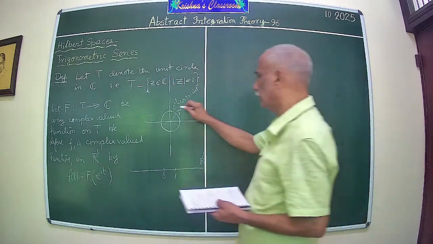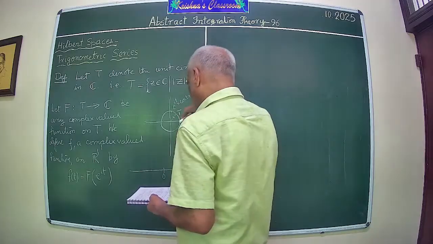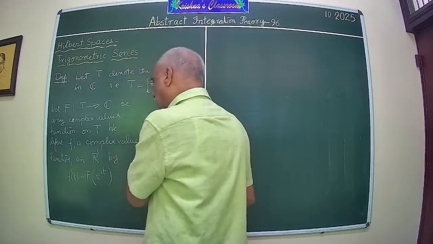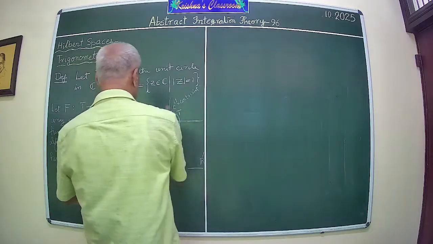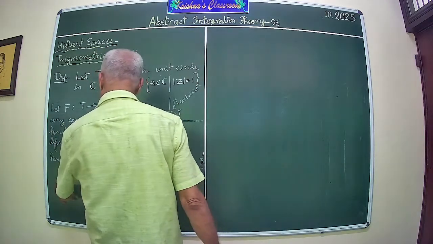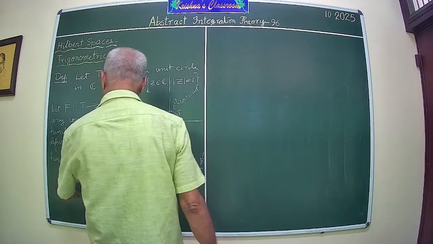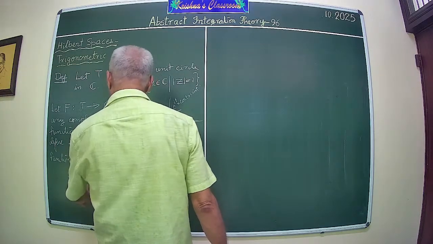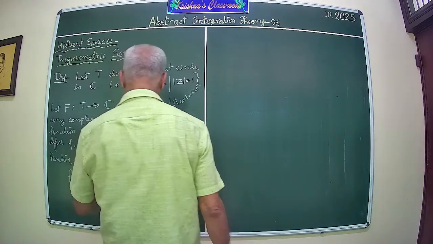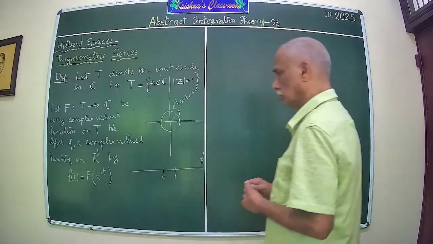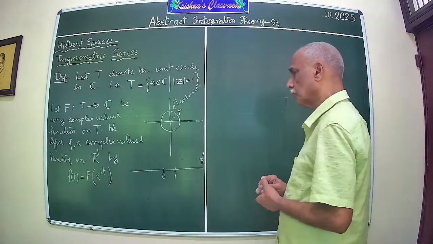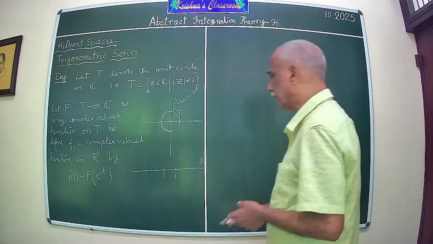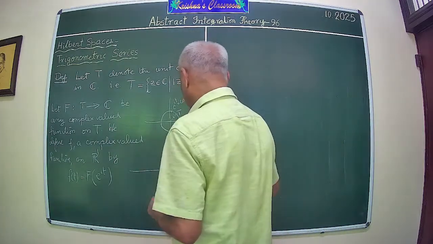This is some point here. Now what is happening is the following. So capital F is defined on this. So using that, you can define f of t to be F of e to the power it.